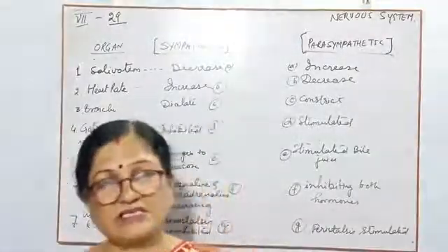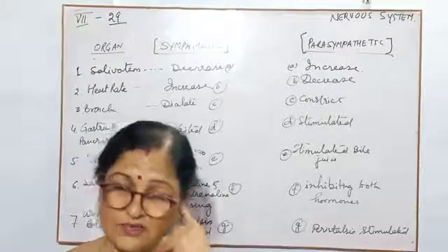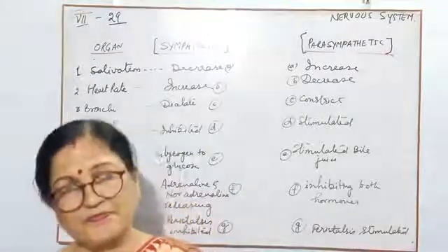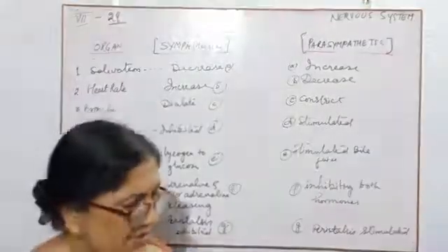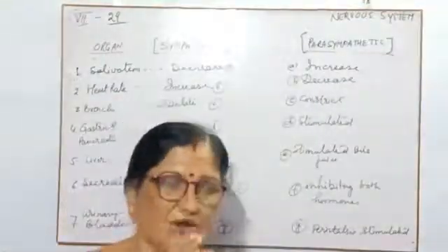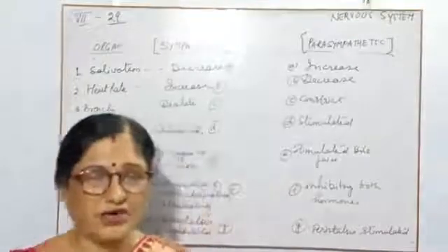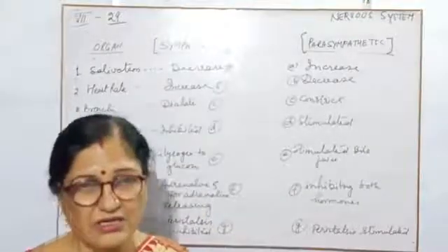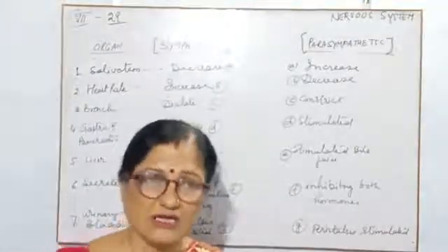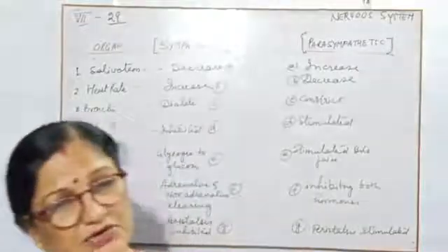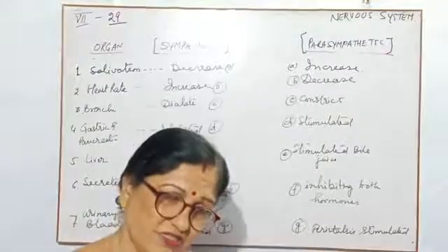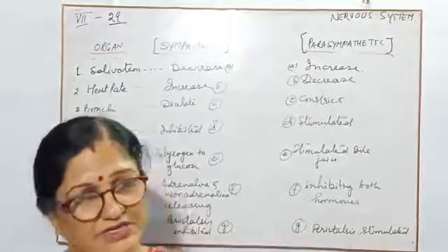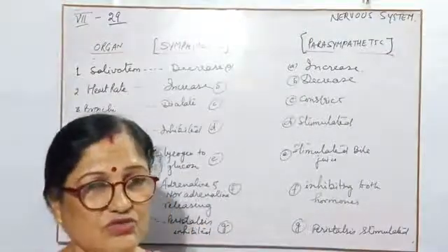This is known as the autonomous system or autonomic nervous system. All the activities going on inside our body are conducted by the involuntary muscles. So all these activities are also involuntary activities. We have no control over them.